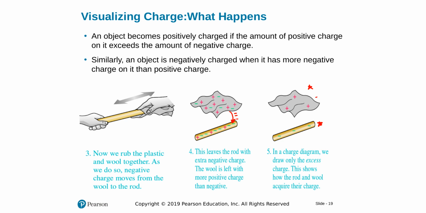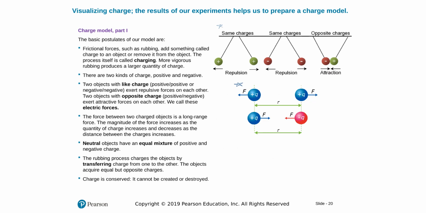We only show excess of charges. Wool actually still has negative charges, but it has a positive excess, so we show that. And the rod has an excess of negative charges, we show that. And all is similar with the silk and glass and so on and so forth.